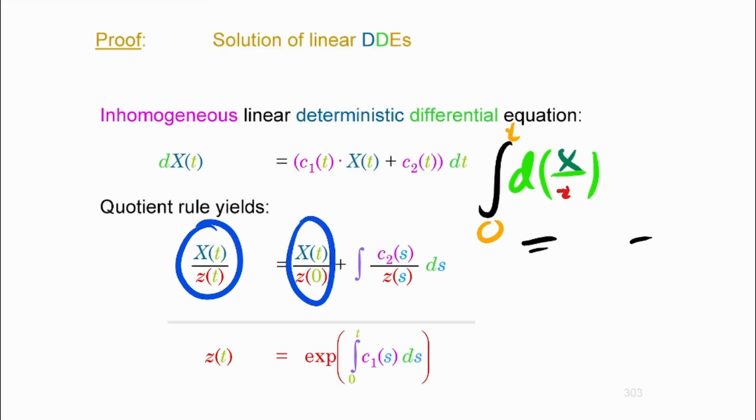So let me prepare those fractions. You have x at point t divided by z at point t, minus x at point 0 divided by z at point 0. So this is how you end up, okay? And I'm going to use that quite frequently, so I hope you understand the point.